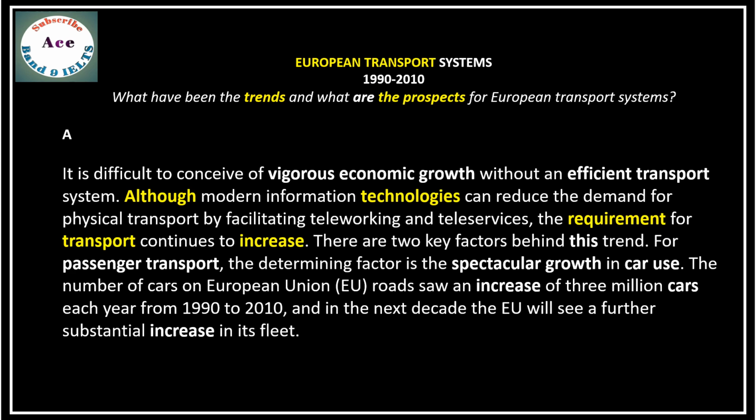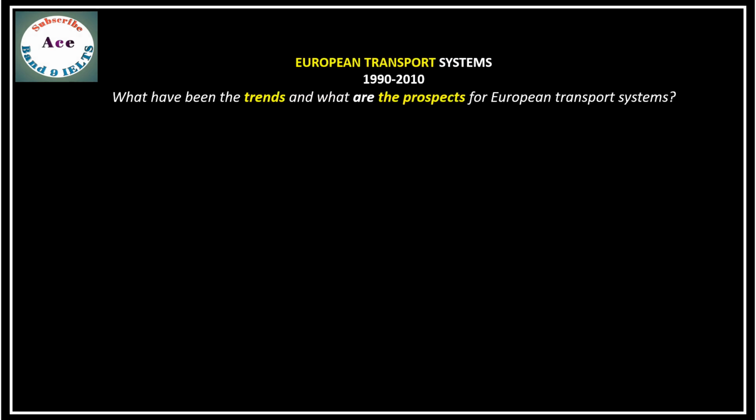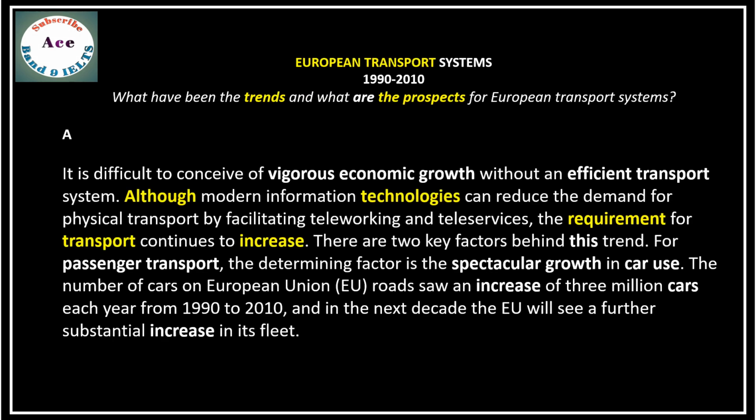This sentence says, although modern information technologies can reduce the demand for physical transport by facilitating teleworking and teleservices, the requirement for transport continues to increase. How is it related to question number 22?